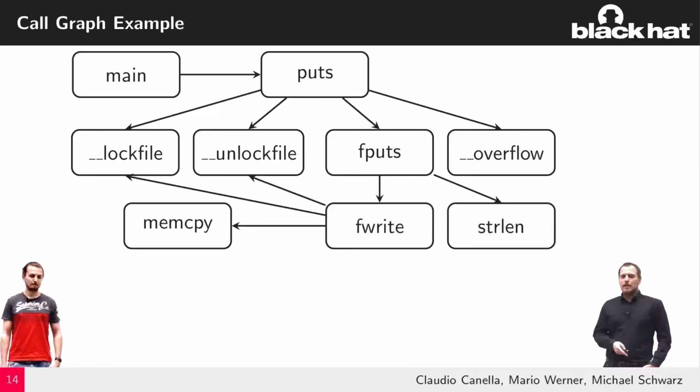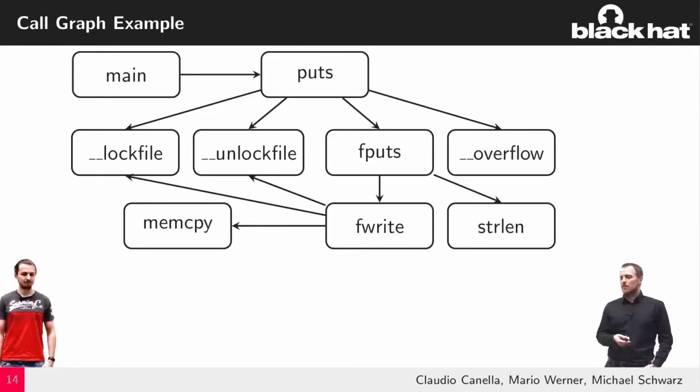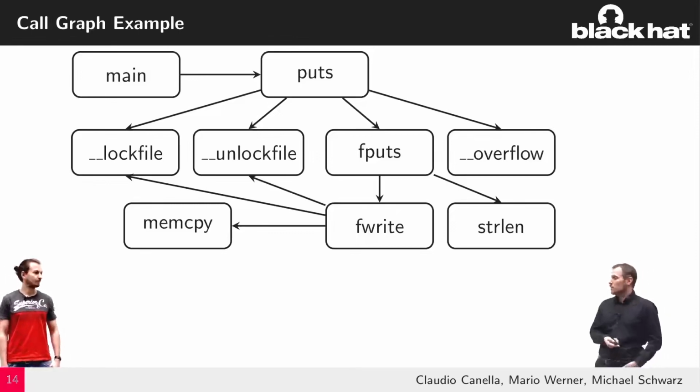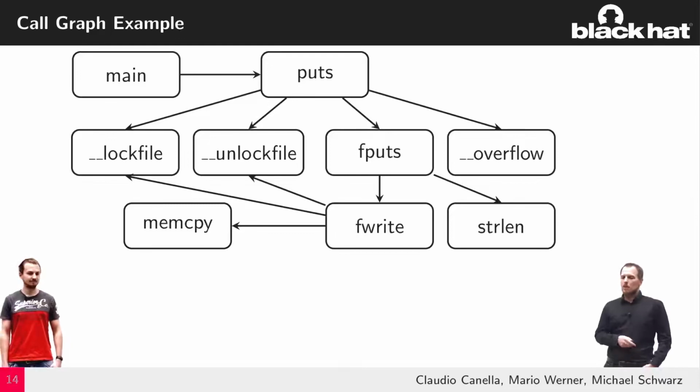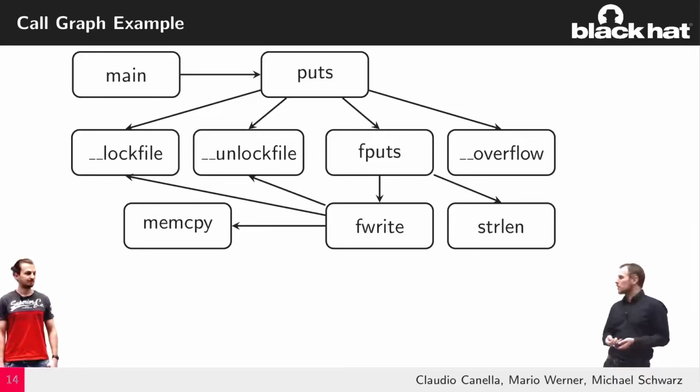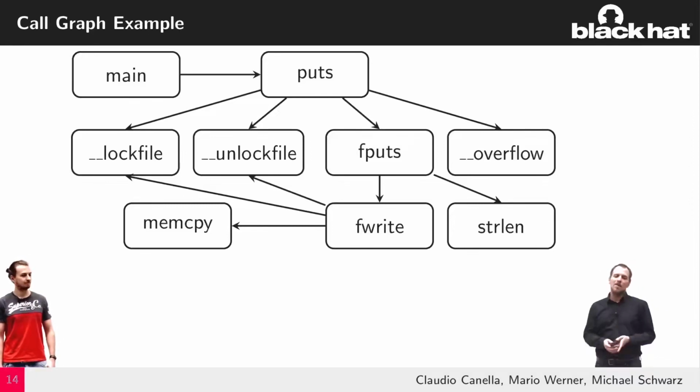The challenge is that fwrite doesn't do a direct call to the next functions, but an indirect function call. And again, we cannot be sure which functions are called there. And what we do here is we utilize, again, the compiler. The compiler knows which signatures are called, so what arguments the function gets and what type they have.